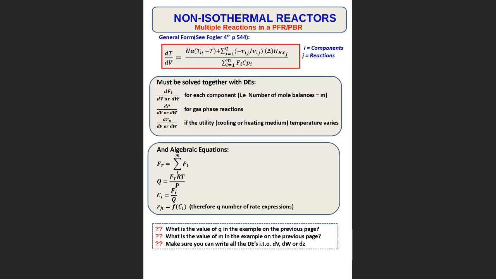So that is why Fogler in his equation there doesn't have that, but he's got minus r_I in j, minus delta H_rxn j. This is always -1 in the way Fogler manipulates his equations. Any questions on that?